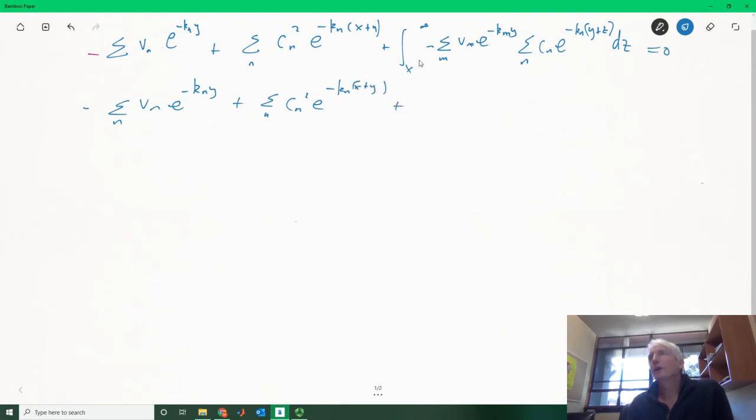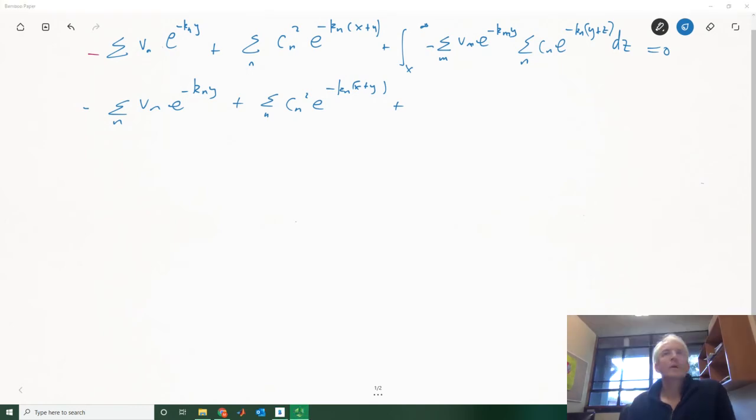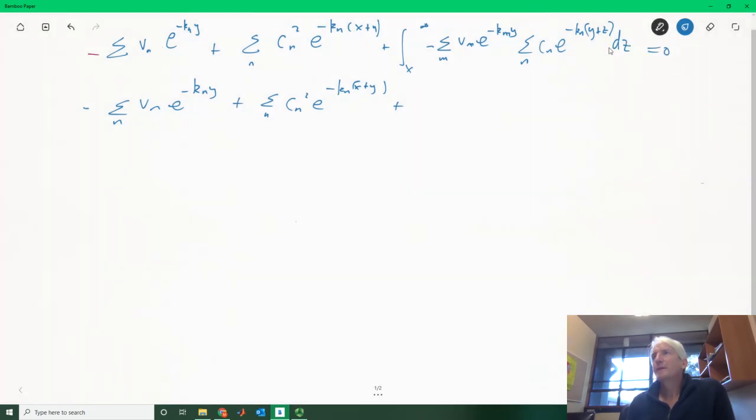And then we integrate with respect to z, so we're going to get c_n e to the minus k_n (y plus z), and then we divide by k_n. We put in infinity and get 0, and we put in x and get some value. I can see I've just done something silly, and that this should be a z here. That's an error.